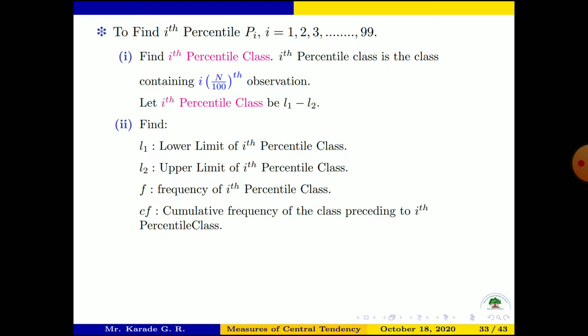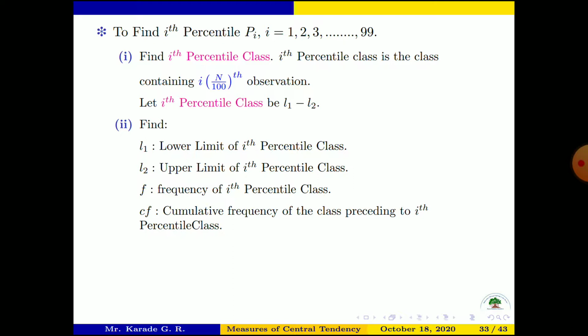In the second step, find L1, the lower limit of the ith percentile class, L2, the upper limit of the ith percentile class, F, the frequency of the ith percentile class, and CF, the cumulative frequency of the class preceding the ith percentile class.